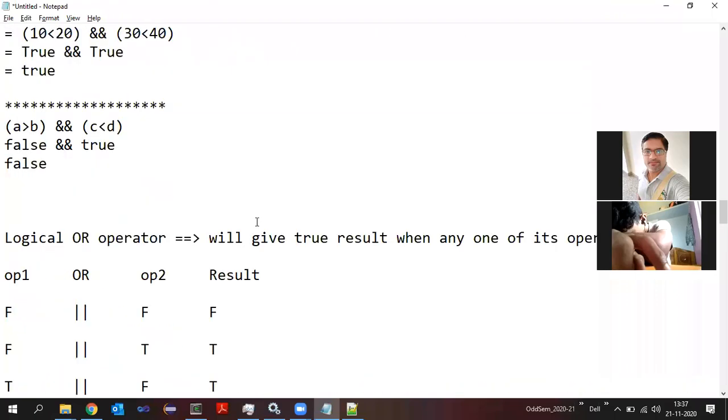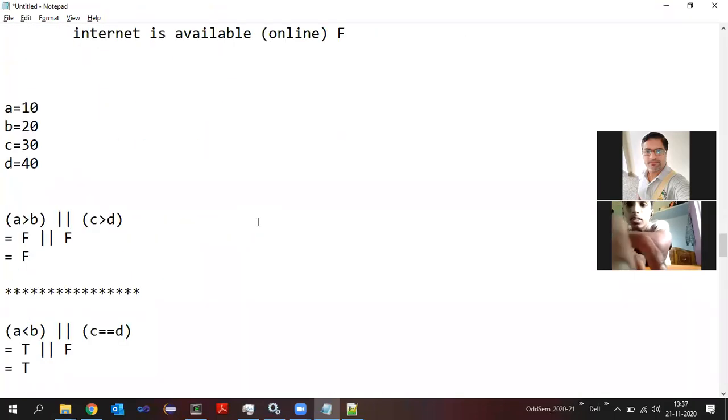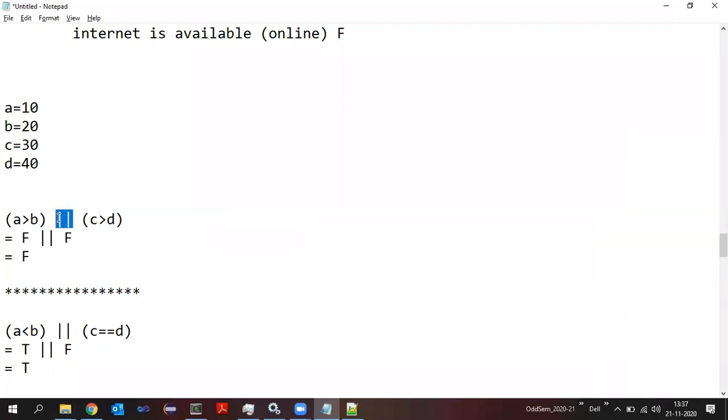If you look at these examples over here, whenever I'm using the logical or, or the logical and, its first operand and second operand are always what? Relational operators. Notice here once again, I will repeat. This is logical or. This is its first operand.